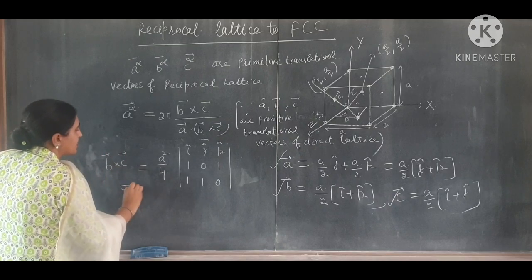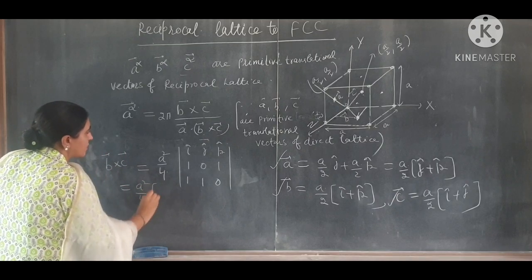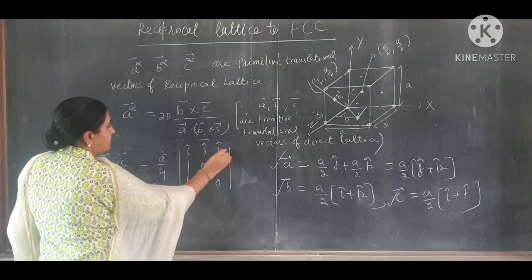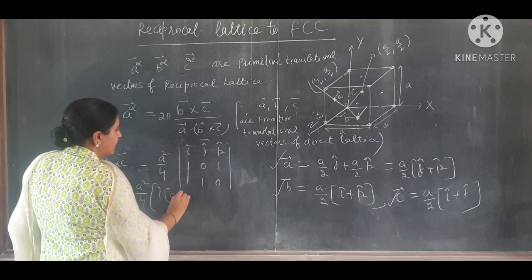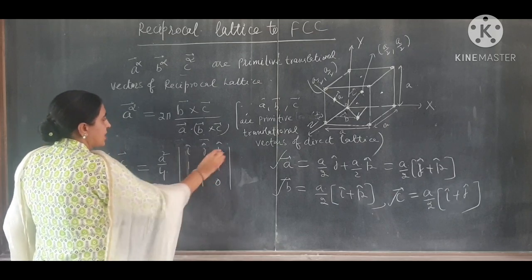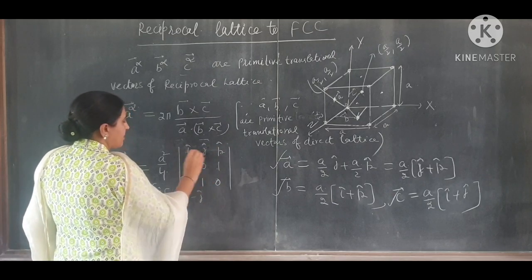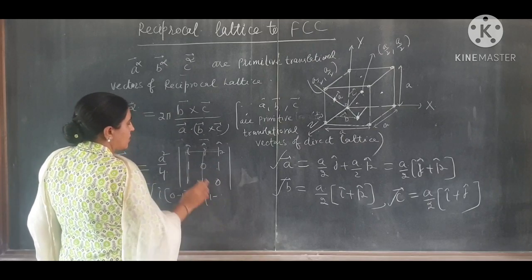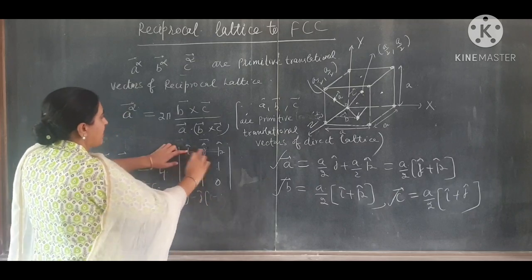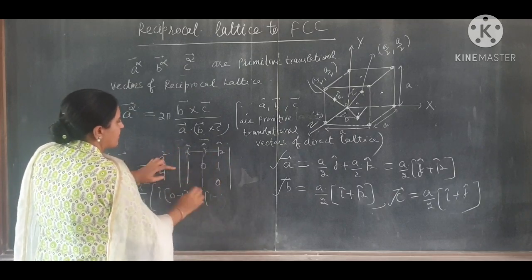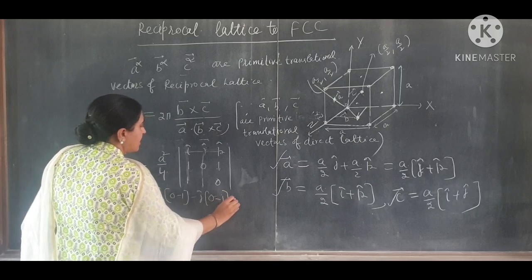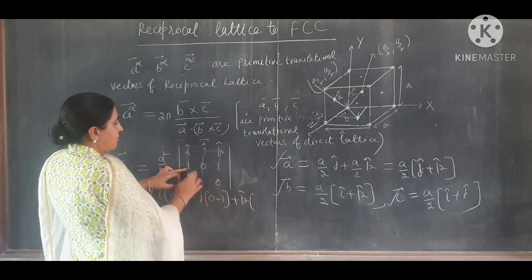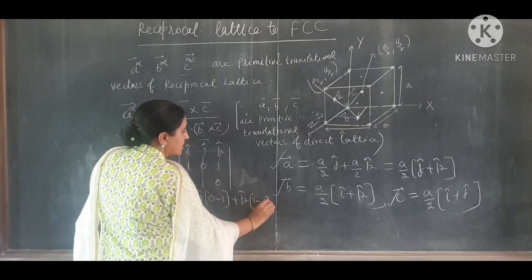So b cross c is equal to a square by 4, i cap, bracket start, 0 minus 1, then j cap, 1 minus 0 minus, yes, j cap, this goes 0 minus 1 plus k cap is 1 minus 0.